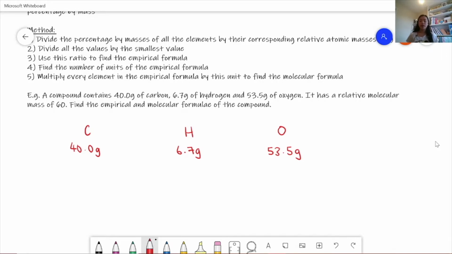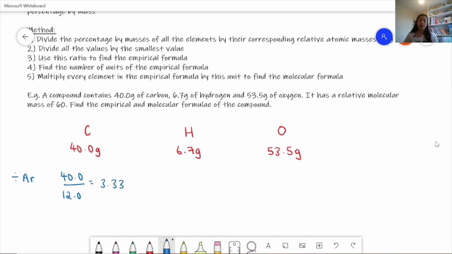And then the first step is to divide by the Ar of every single element. So that's our first step. So we have 40.0 over the Ar of carbon, which is 12.0. And so this gives us 3.33.